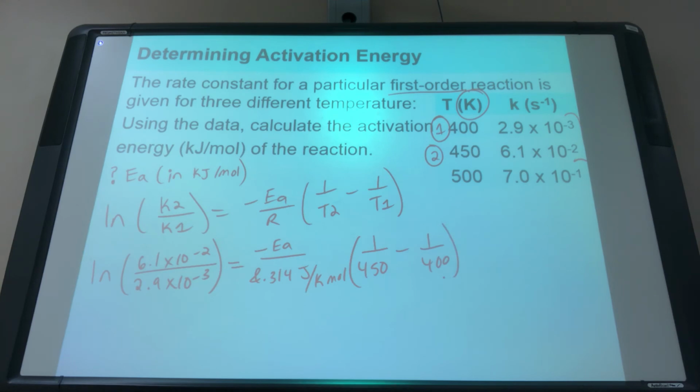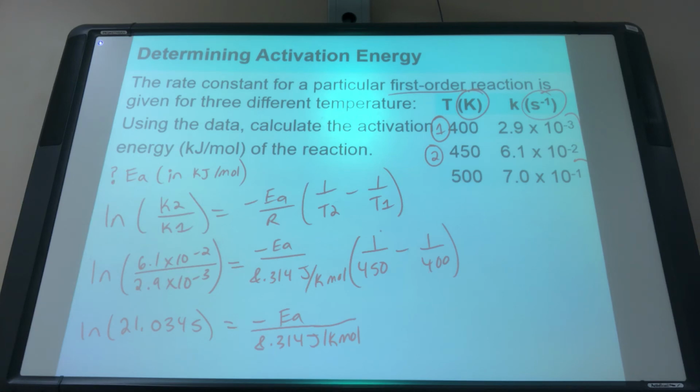All right, so let's simplify this. This K divided by this K gives me 21.0345. And my units cancel, because this was 1 over a second, and this is 1 over a second, as it says in my table. Then 1 over this and 1 over this.